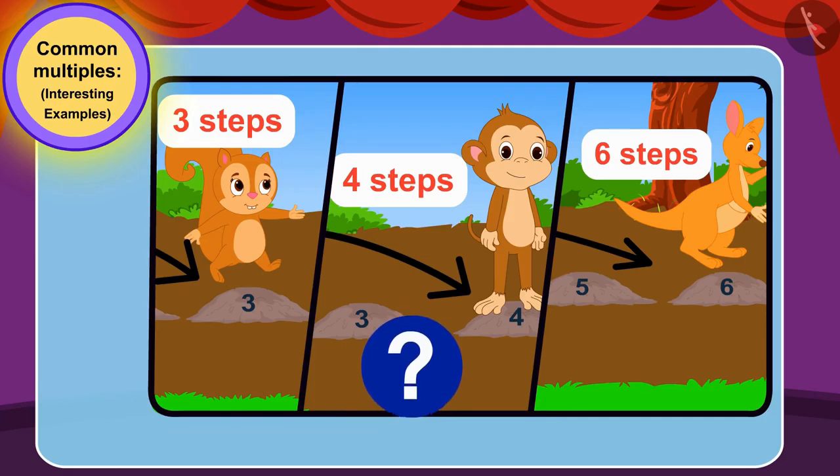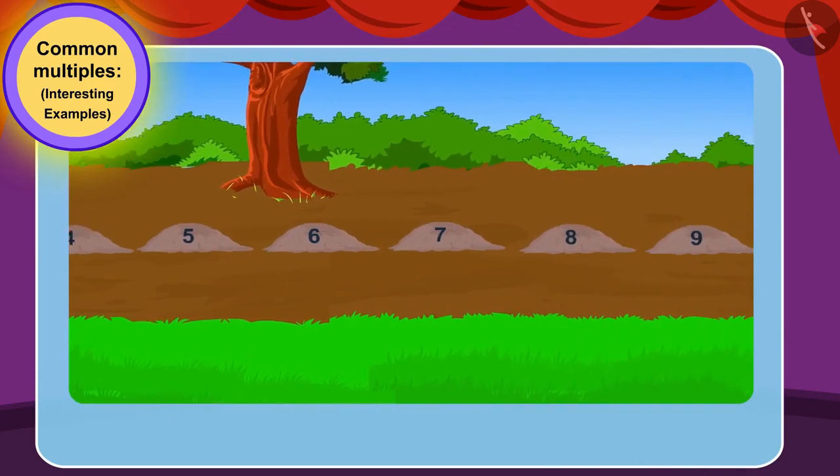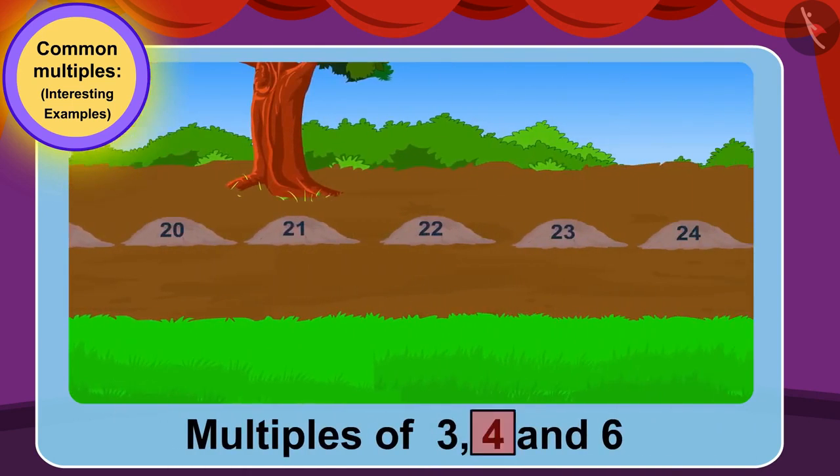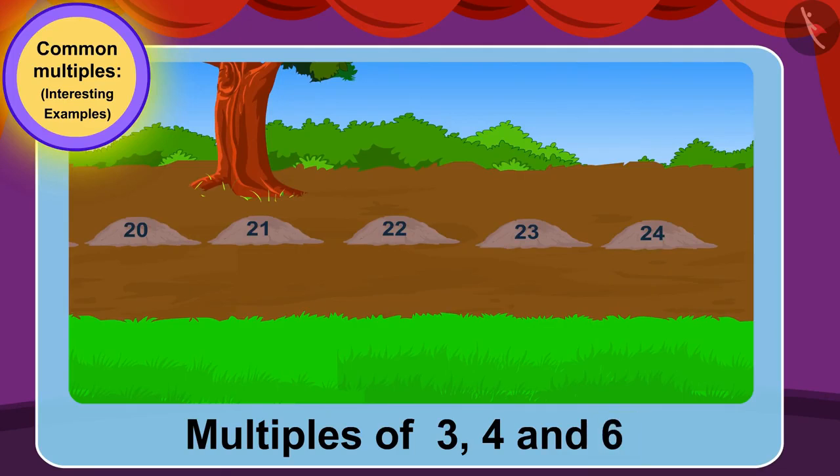What will we do to find this, children? Exactly. We will find multiples of 3, 4 and 6 up to 24. Can you figure it out? If you want, you can stop the video and find the answer.